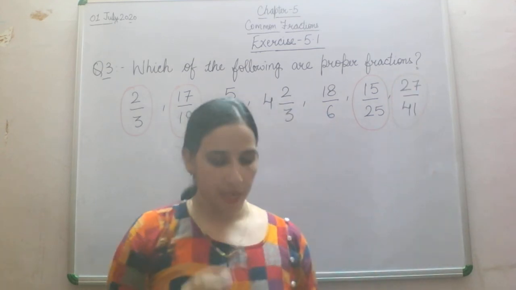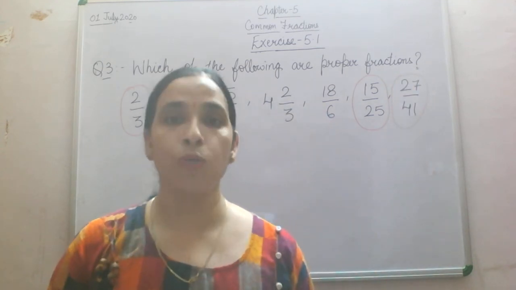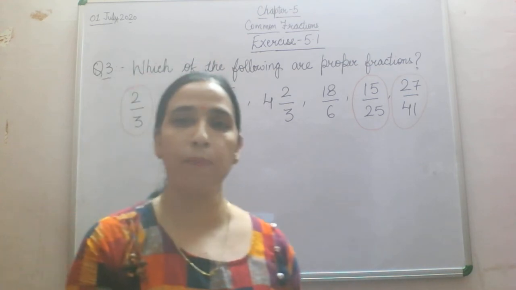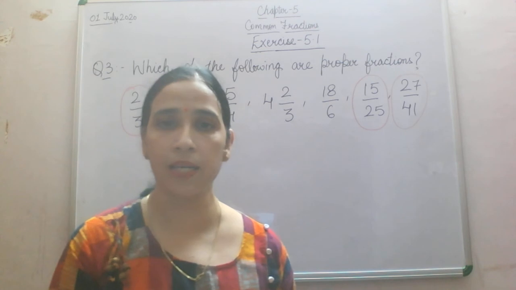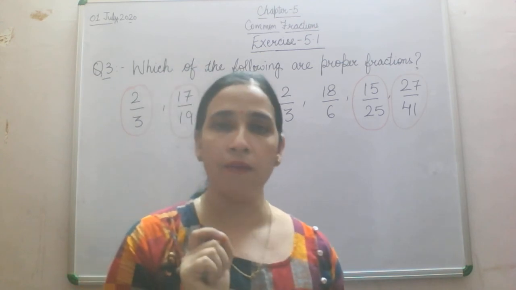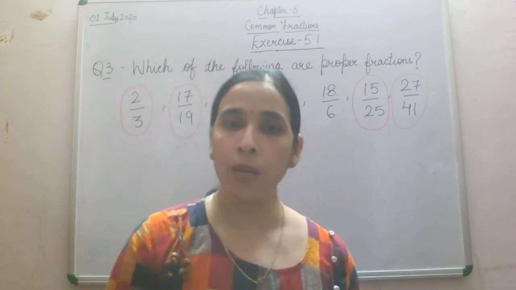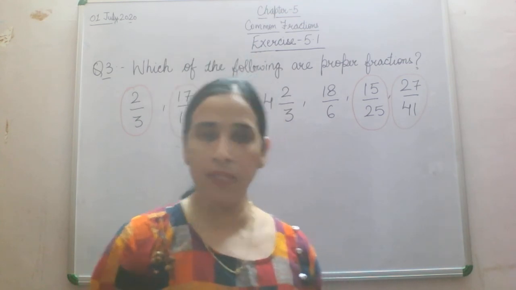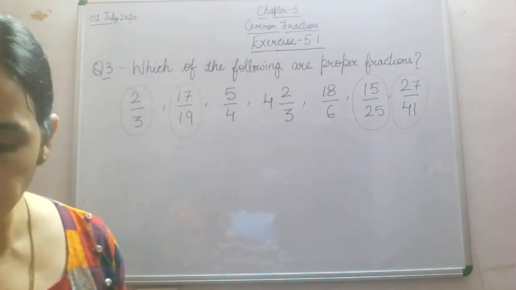So here we will take a pause in the exercise and understand one more concept related to fractions, that is equivalent fractions. Now can you tell me what are equivalent fractions? Here we can take an example also.